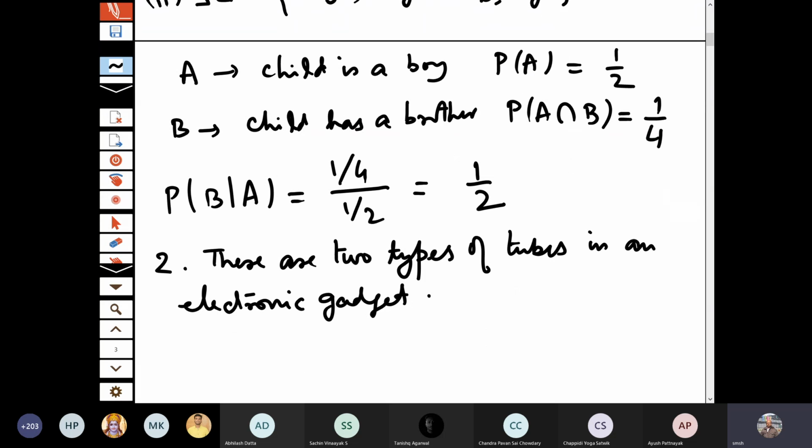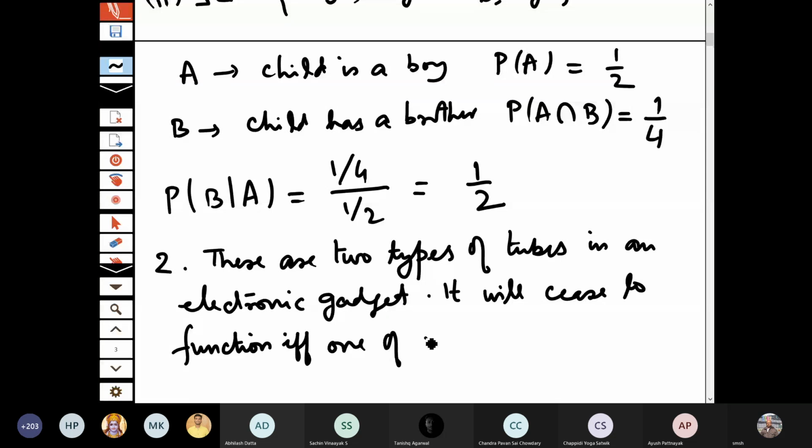There are two types of tubes in an electronic gadget. It will cease to function if and only if one of each kind is defective.